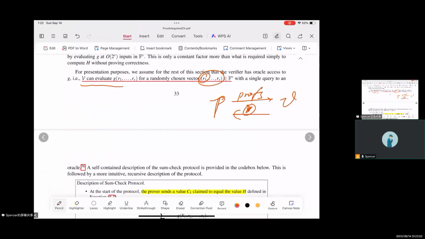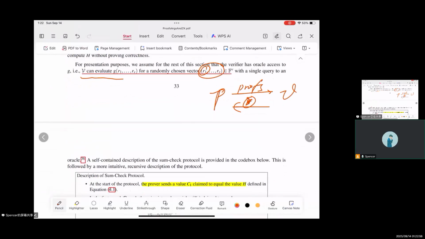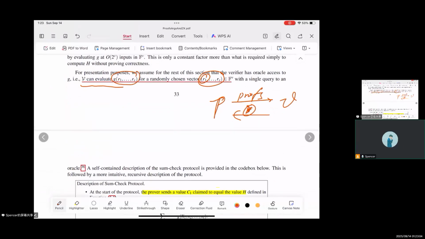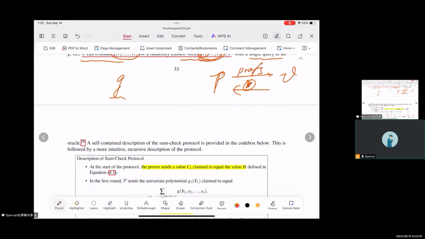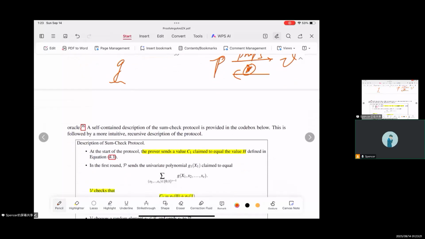So this r is the random number. In the sum check protocol, we evaluate this polynomial at a randomly chosen vector with a single query to an oracle. This oracle is the oracle to g, because it will query this vector on the g polynomial.